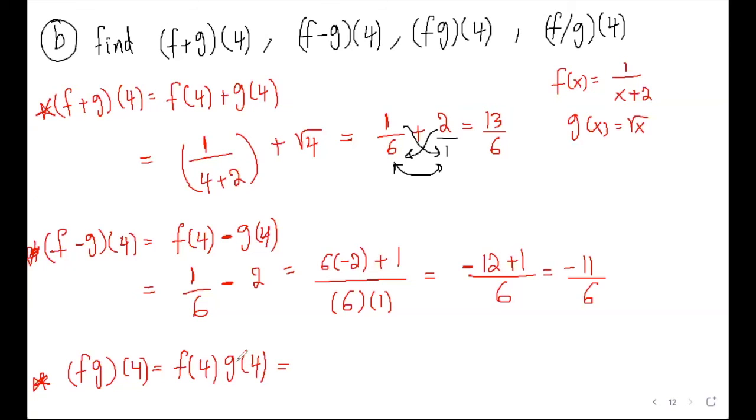You plug the 4 inside the first function, which gives me 1 over 6, times the second function, 2. We can simplify 6 with the 2, and that gives me 1 over 3.